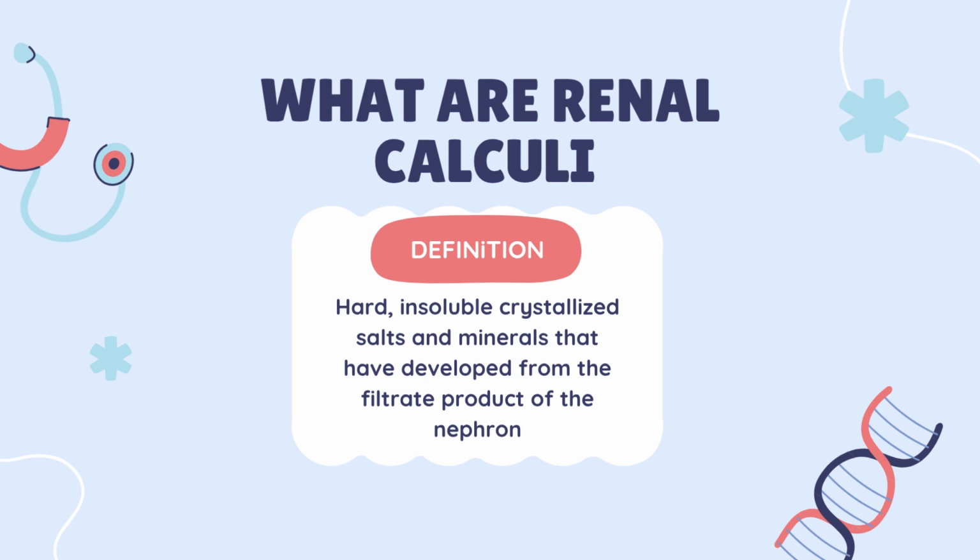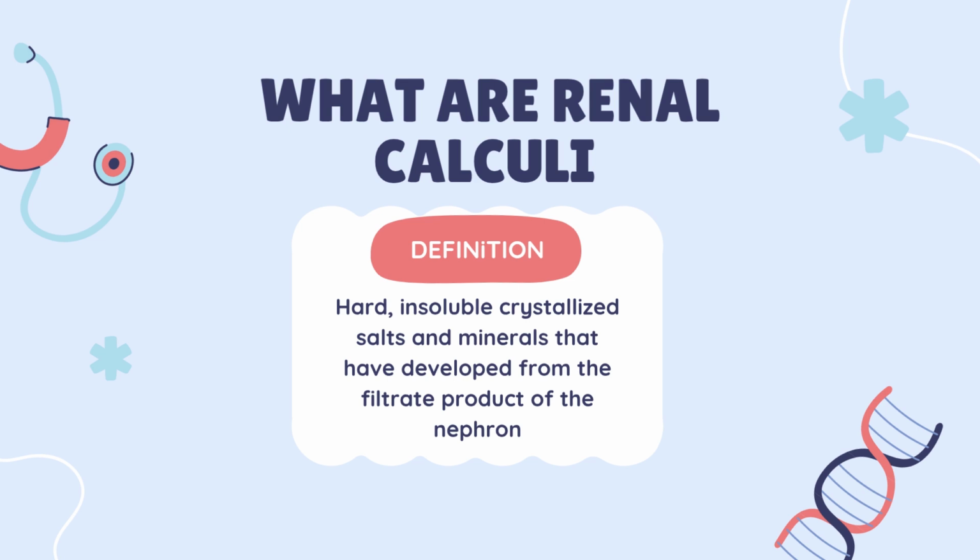In the pathophysiology of renal calculi, this is what happens. There is usually a normal balance between the solutes and solvents in urine. By solute, I refer to salts and minerals. The solvent is the urine volume and also inhibitors. This normal balance is usually disturbed.